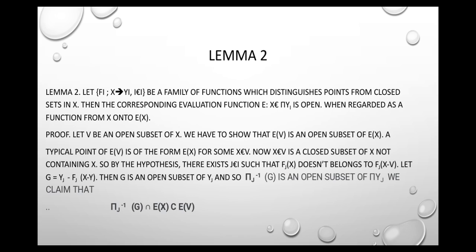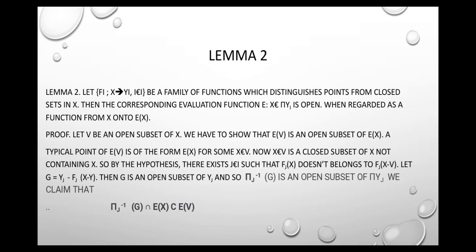A typical point of E of V is of the form E of x for some x belonging to V. Now, X minus V is a closed subset of X not containing x. So, by the hypothesis, there exists j belonging to I such that f_j of x does not belong to the closure of f_j of (X minus V).